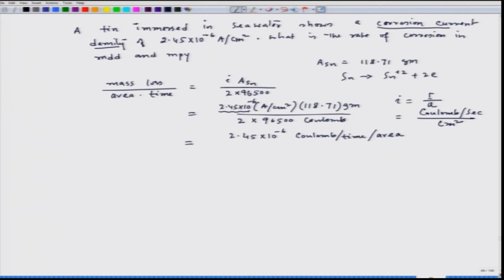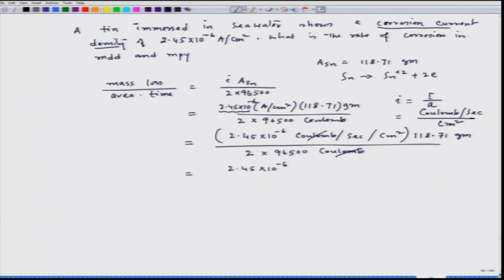So, then I can write this time as second, area in centimeter square, 118.71 gram, and this becomes 2 into 96500 coulomb. So, this coulomb would get cancelled.